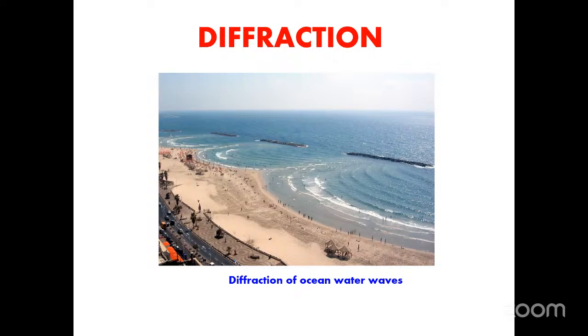But for diffracted light, the light incident upon the obstacle bends at the edges of the obstacle and does not stop at all. It enters into the geometrical shadow, and there we place a screen.